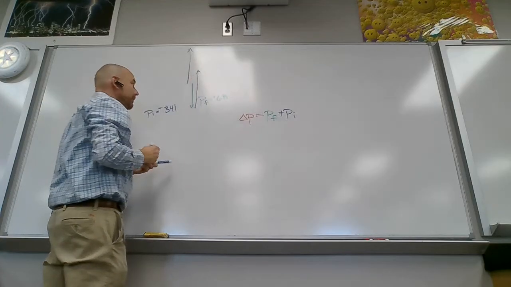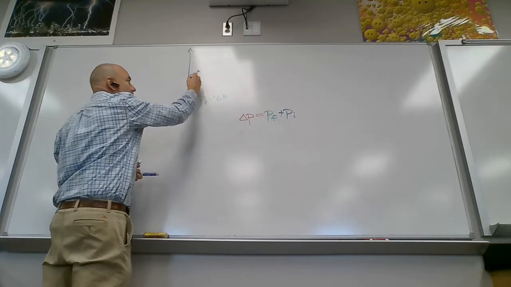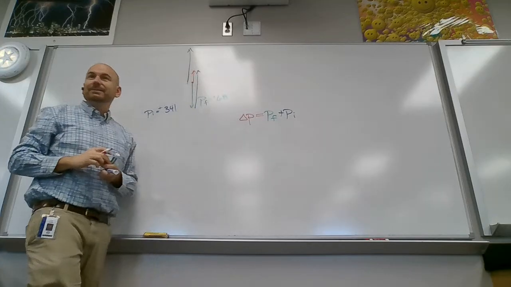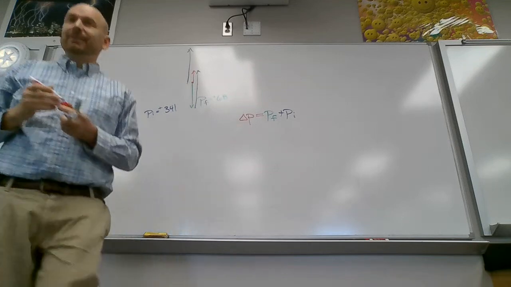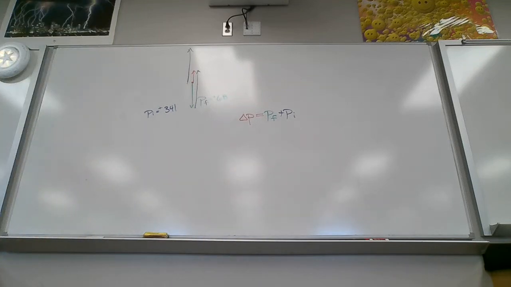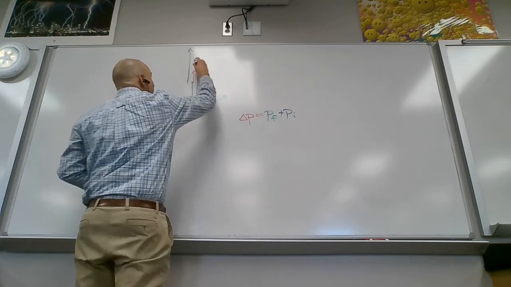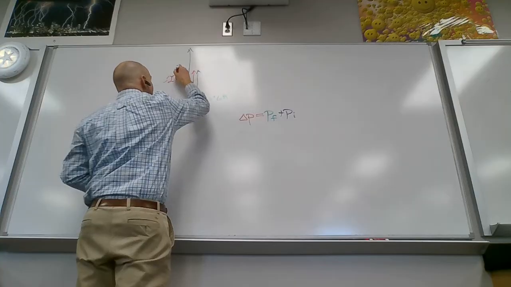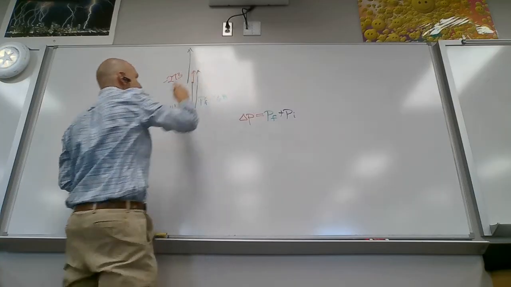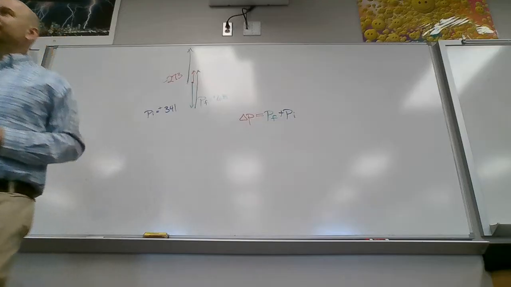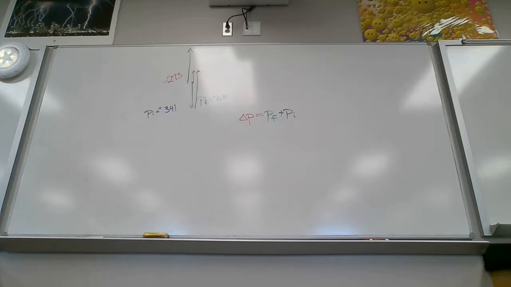And then the resultant, you go from the origin to your final head, which would end up being negative 273, because I made the way it was moving positive, so the change in momentum is in the opposite direction. Right with that?